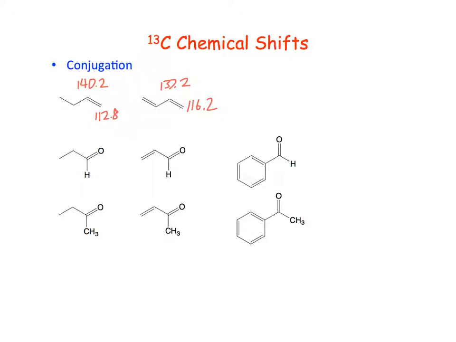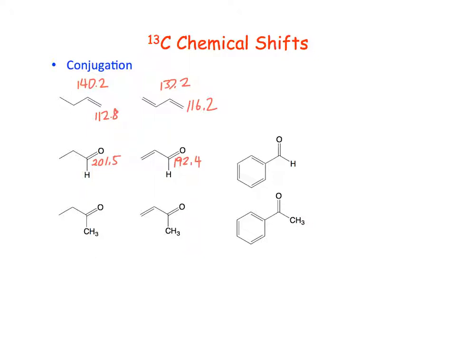When we add conjugation next to carbonyls, here's just an isolated aldehyde, but it goes up almost 10 parts per million when we add conjugation next to it. Again, we'd have the delta plus at the carbonyl carbon, but that pi bond can donate electron density to it.